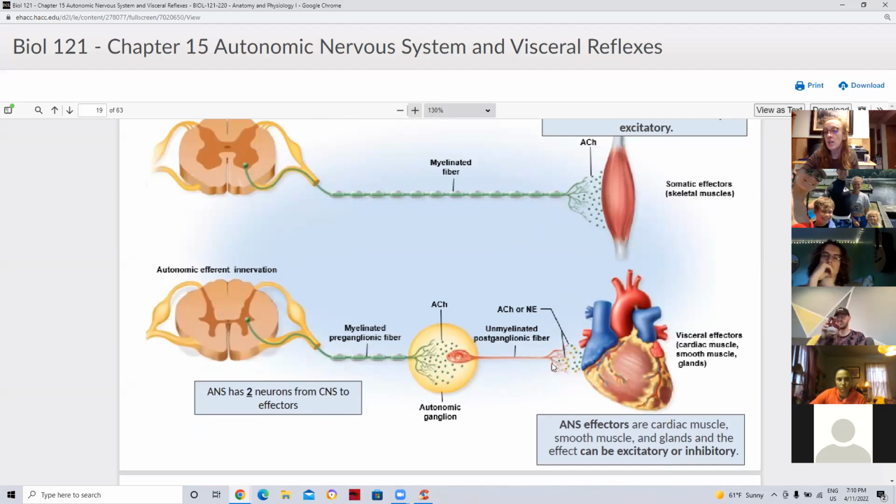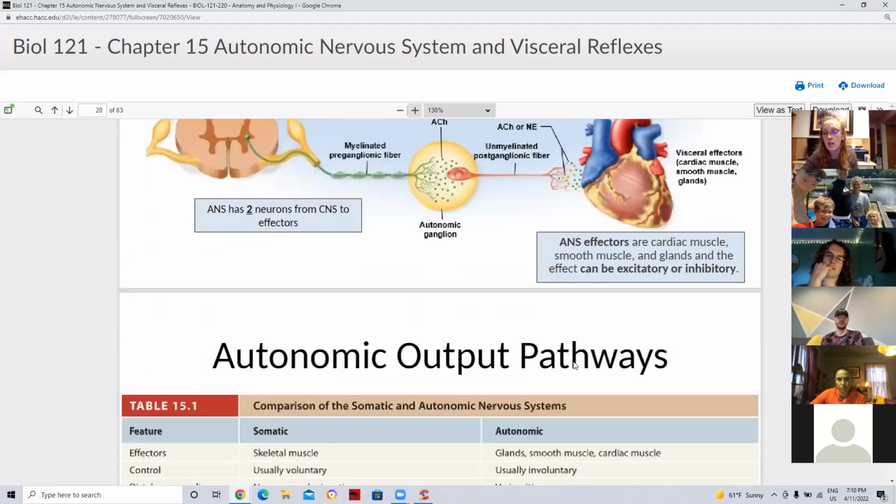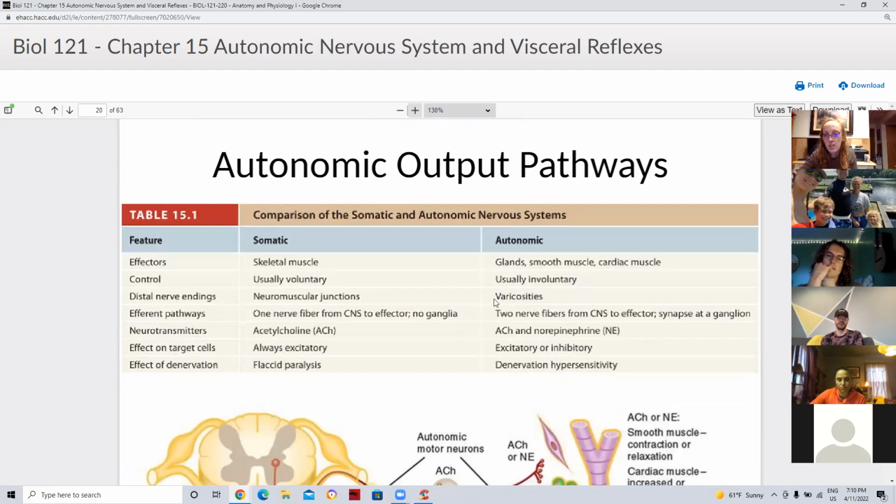The postganglionic neuron can either secrete acetylcholine or norepinephrine. And so effectors for somatic skeletal muscle, I'm just going to go through some of these that we haven't seen before.